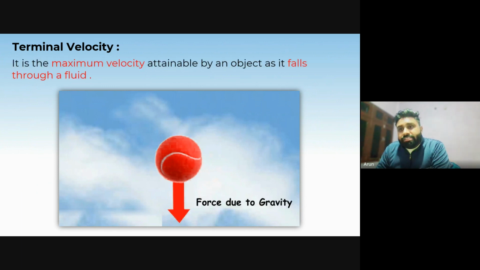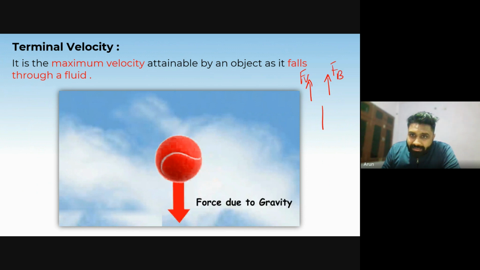Terminal velocity is the maximum velocity attainable by an object which falls through a fluid, because the fluid will exert Fv and Fb in the upward direction, and the weight of the object will act downward.